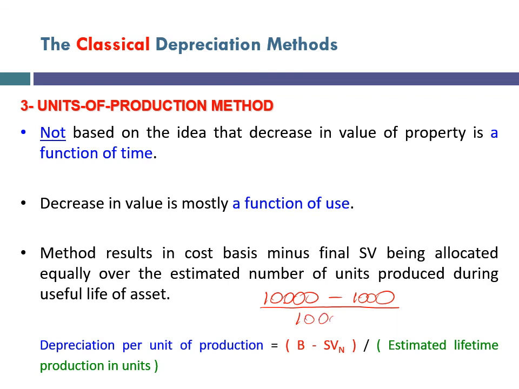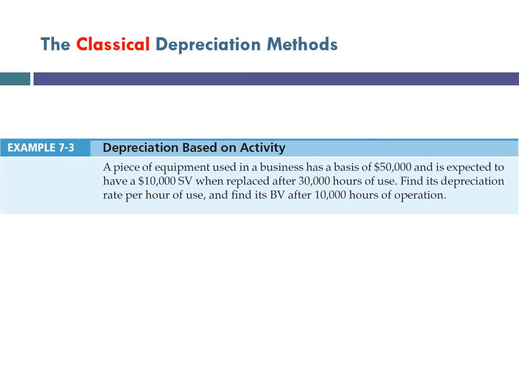Okay, so this is the estimated number of kilometers that you can travel within the useful lifetime. So when you do this calculation, you calculate the depreciation amount per unit kilometer or per unit produced with this machine. Then you can use this to estimate the depreciation at each year. Let's see how we do with an example.